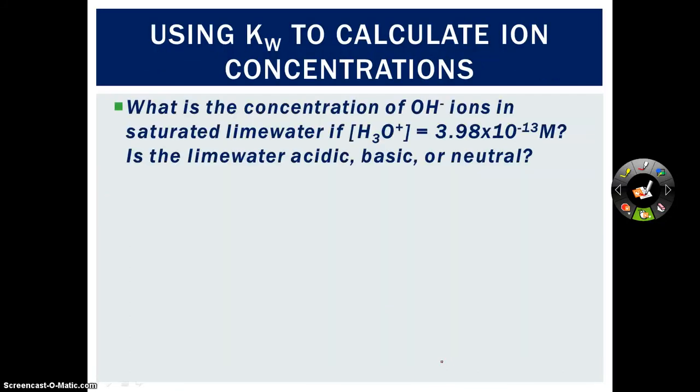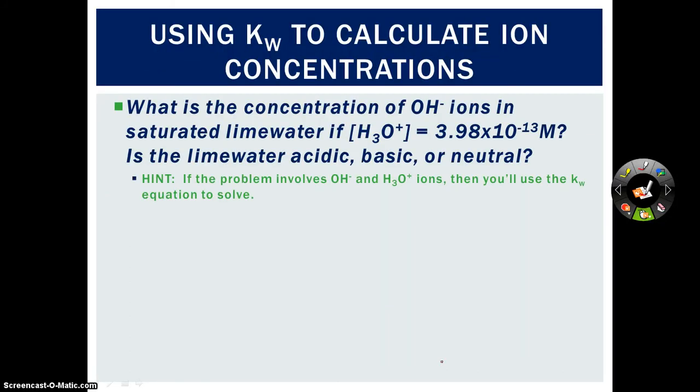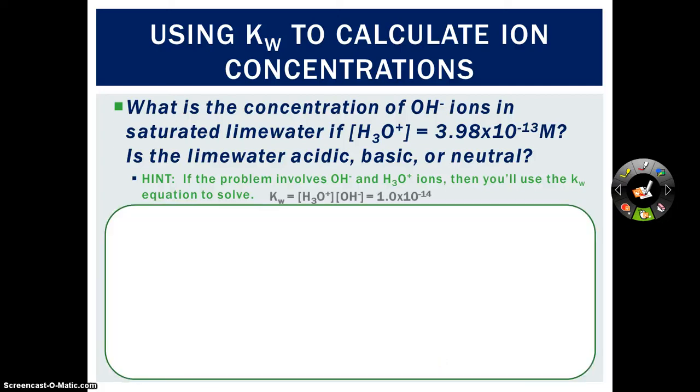So real quick, let's do a couple calculations applying this. If you know one concentration, you can find the other. So here's the hint. If the problem involves OH and H3O, hydronium ions, then you use the KW equation to solve for the other one. Okay, so remember KW is H3O times OH gives you 1 times 10 to the negative 14.